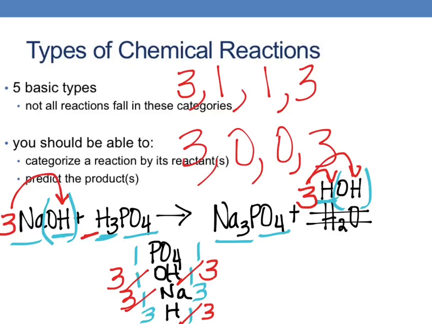And then also I might say, what is the sum of the coefficients when added together? So if it's correctly balanced, the sum of the coefficients would be 3 plus 1 is 4, plus 1 is 5, plus the 3 is 8. You might say it's 3 plus 0 plus 0 plus 3, which would be 6.